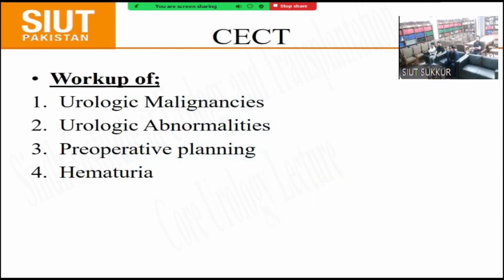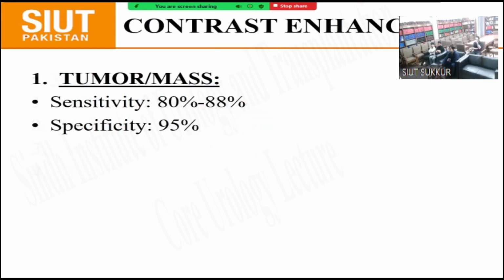The contrast enhanced CT scan helps in urological malignancies, urological abnormalities, preoperative planning, and in workup of hematuria. In contrast enhanced CT scan, we commonly practice in our patients with tumors or masses, in which the sensitivity is around 80 to 88% and specificity is 95%.